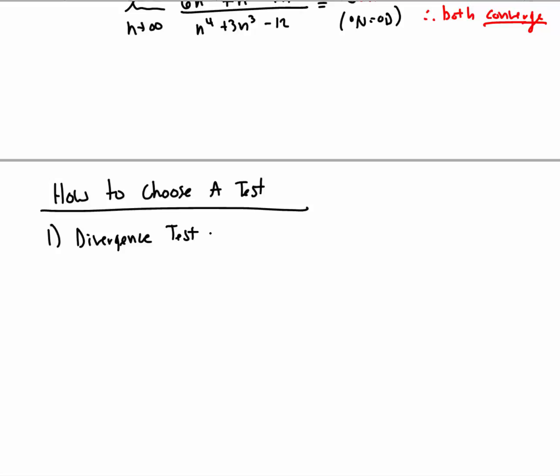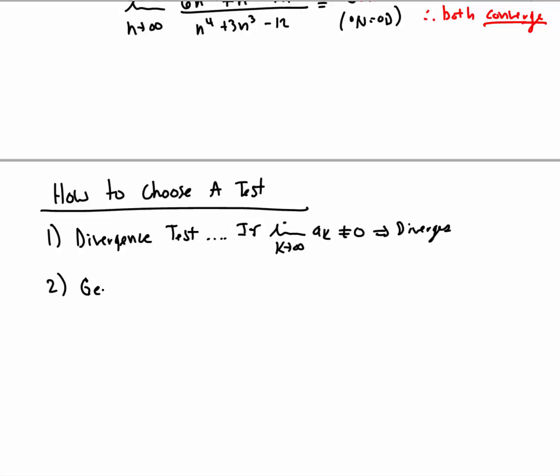So remember, with the divergence test, we're looking for the limit as k approaches infinity of a sub k, and if we get something here that's not equal to 0, this implies it diverges. Now if it is equal to 0, the only thing I can do here then is to say it's inconclusive, and if it's inconclusive I would have to try another test. So that's what I look for first in the divergence test.